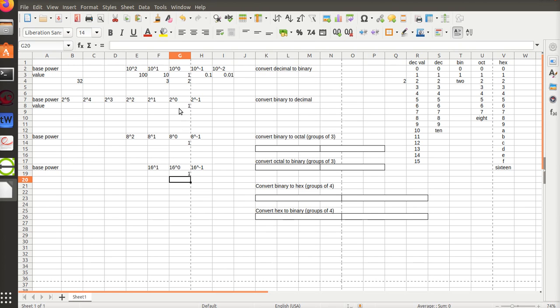Okay? Now the nice thing about the binary is 2 to the 1 is 2, 2 to the 2 is 4, 2 to the 3 is 8, 2 to the 4 is 16, 2 to the 5 is 32. So if you're not real good at exponents, all you got to remember is that these just double as you go up. So 1 doubled became 2, 2 doubled became 4, 4 doubles and becomes 8, 16, and 32.